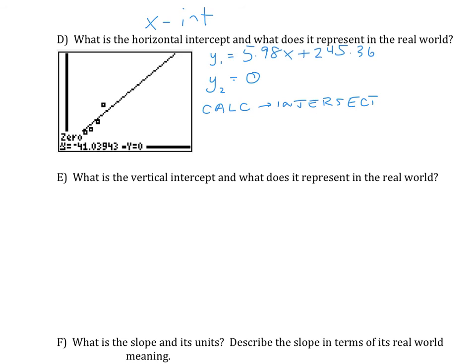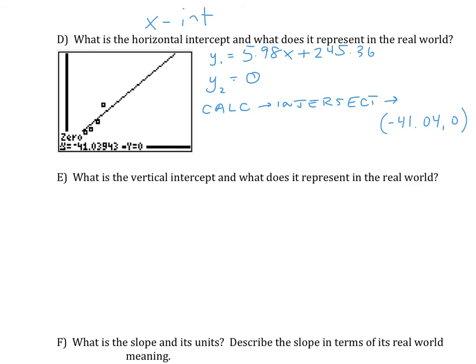Guess, enter. And what you should get is the ordered pair, negative 41.04, comma 0. If you got an error, that means you couldn't see your intersection. So you have to change your window. Okay, so go back, change the window around, and try it again.